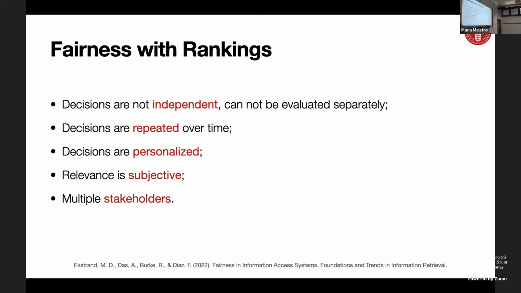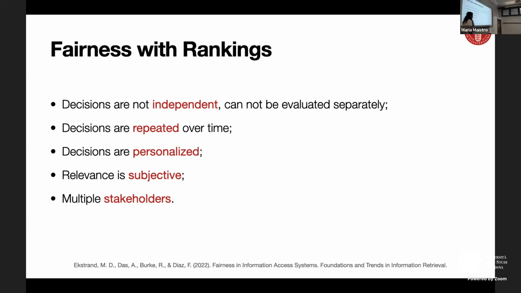Now, this is usually the standard classification problem. When it comes to fairness with rankings, we have different challenges. Here it's not classification, so it's not like I have a sample or item and I want to decide if it's +1 or 0. It can be, for example, a document, and I have to decide if it's relevant or not. Here I want to generate a ranking. And what are the main differences here?